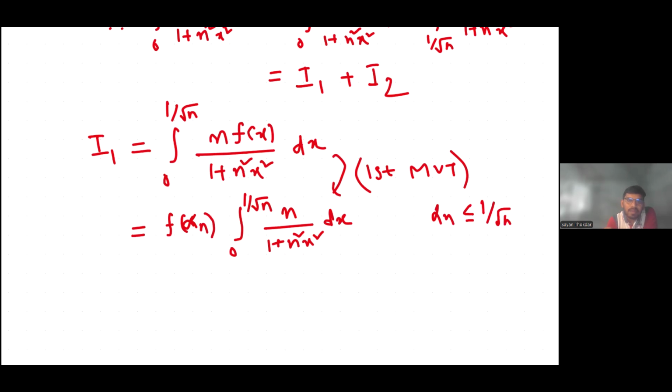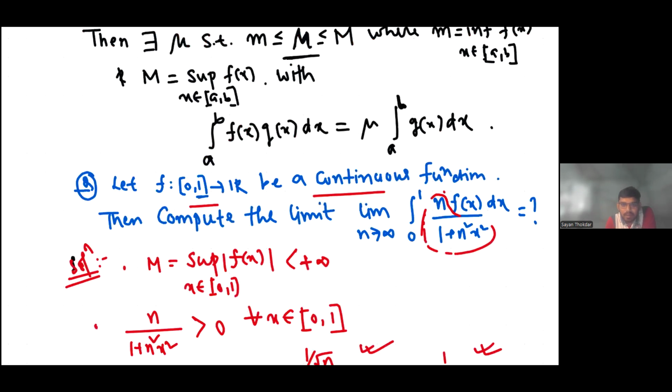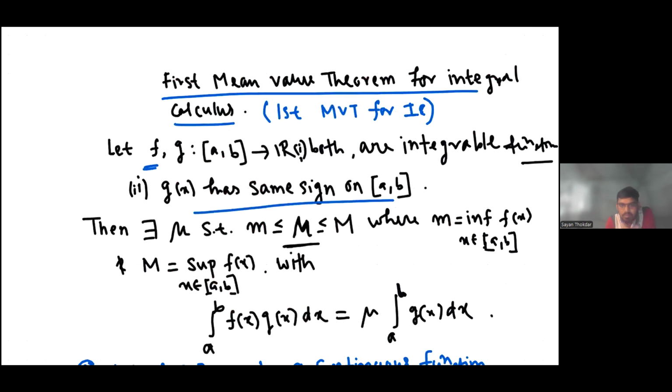Because by the mean value property, and since f is continuous, that mu is attained here. This mu belongs to the interval between the infimum and supremum of f.